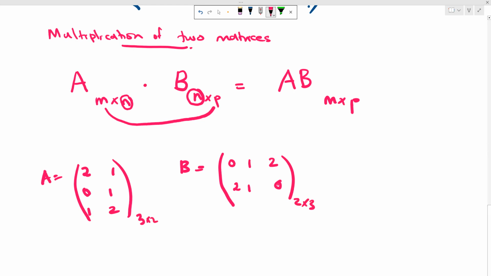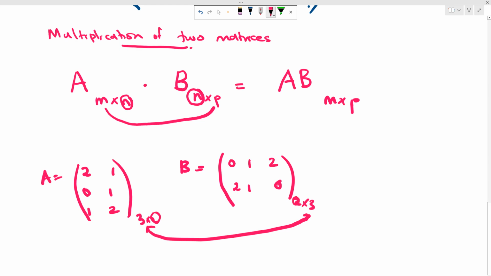If you are asked to multiply two matrices, first you have to check whether they are compatible or not. Compatible means the number of columns in the first matrix should be equal to the number of rows in the second matrix. So this is 2, this is also 2. So the resultant matrix will have the dimension of 3 by 3.